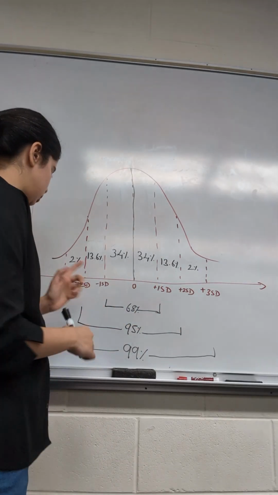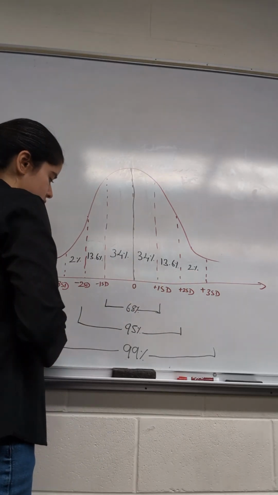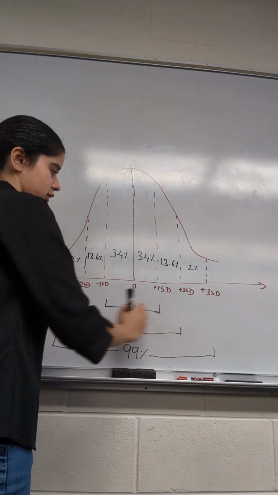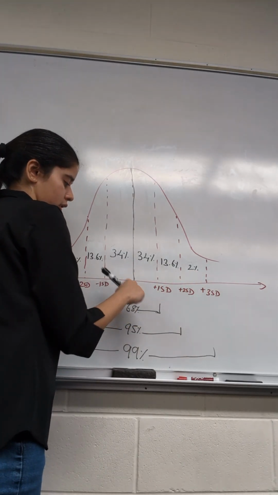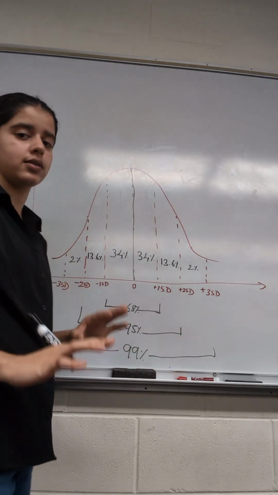And lastly, the last area here, that's just 2%. So within 3 standard deviations of your average value, 99% of your population is covered.